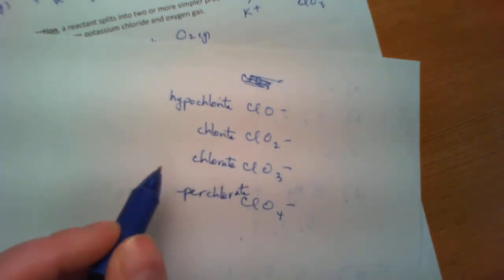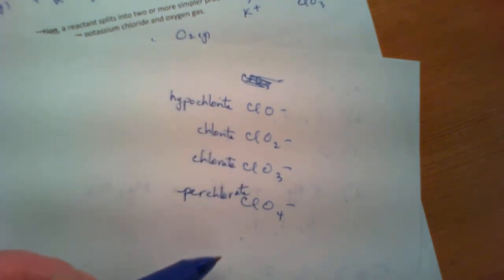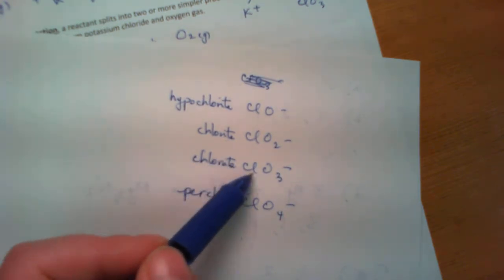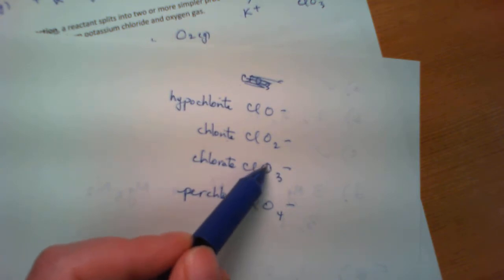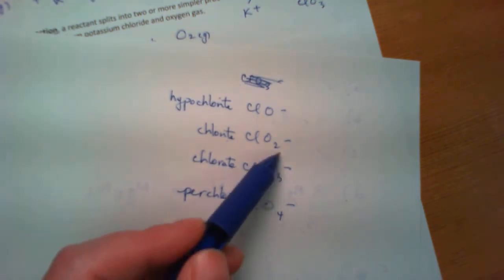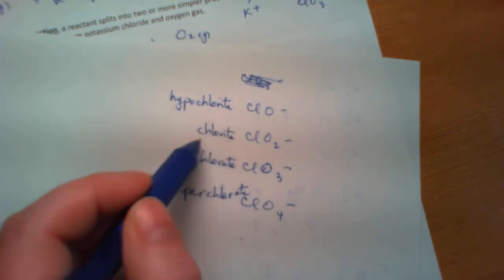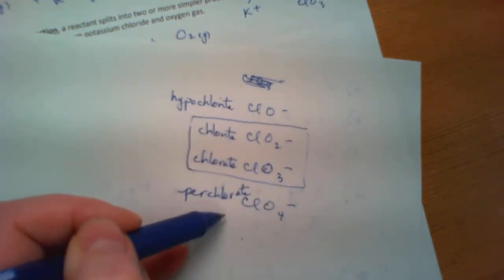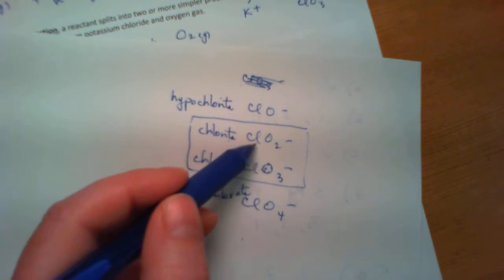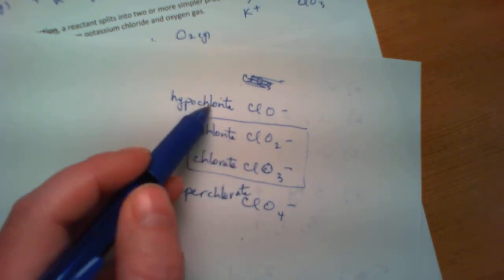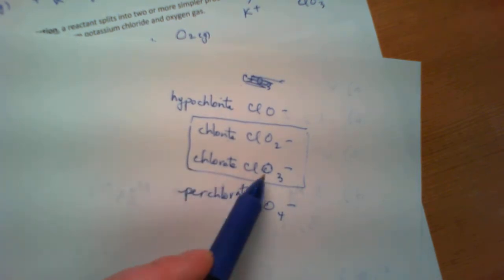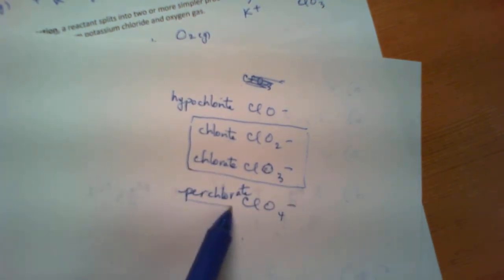Oops. So that is the convention that the ATE suffix has more oxygen than the ITE. But I don't just have these two, I have one on the other end. So more than chlorite is hypochlorite, or I should say less than this, because there's one less oxygen, and then one more oxygen is perchlorate.